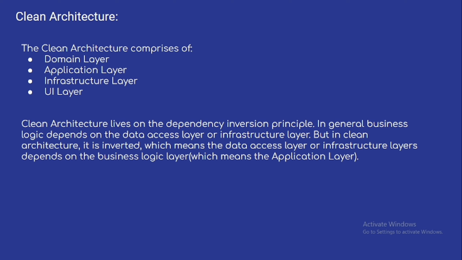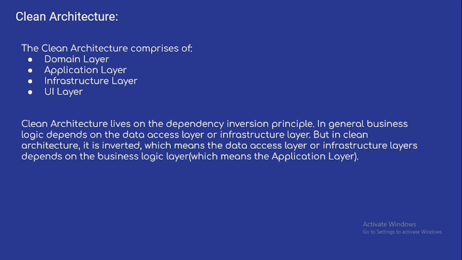So here is the description of what I have explained till now. Let's go again. Clean architecture comprises 4 projects: domain layer, application layer, infrastructure layer, and UI layer. Clean architecture lives on the dependency inversion principle I just mentioned, right?